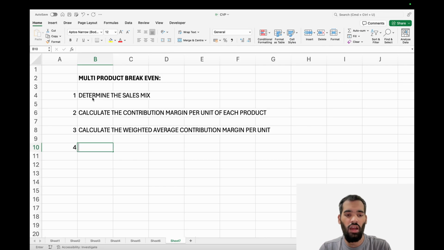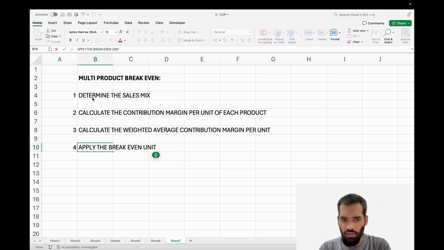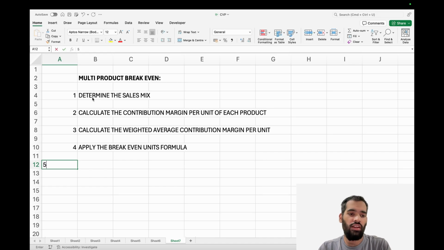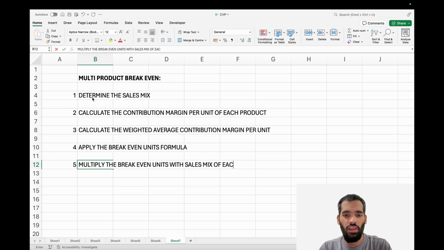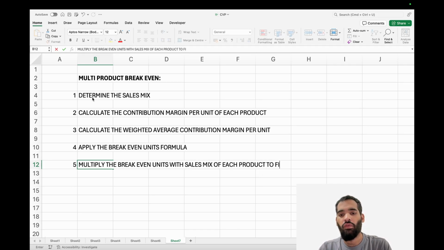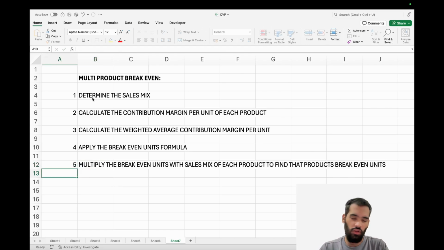And step 4 is apply the break even in units formula if you're doing units, or dollars formula if you're doing dollars, but you can also apply the units formula and then convert to dollars very easily if you remember times sales price. So that's not a problem. Apply the break even units formula, and once you do that, last step, multiply the break even units with the sales mix of each product to find that product's break even units, or dollars, of course.